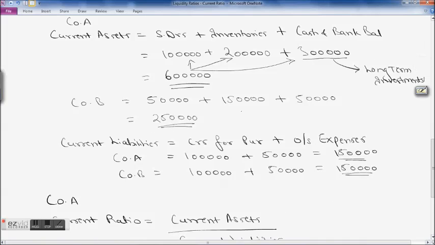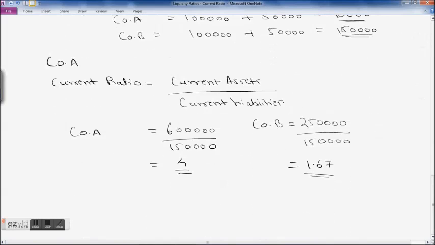But out of this, sundry debtors, inventory and cash and bank balance, your inventories are not easily movable. Even there is no guarantee that debtors will pay the money immediately. Okay, so it's better to keep a ratio of 2. Now its ratio is less, 1.67. So the liquidity position is tight.